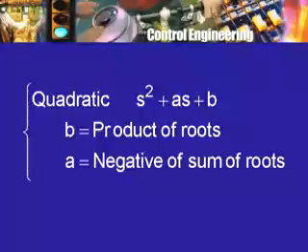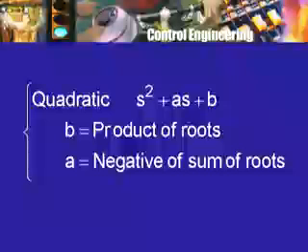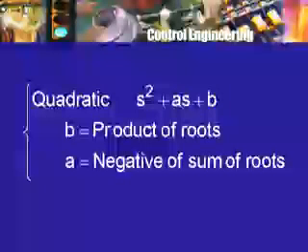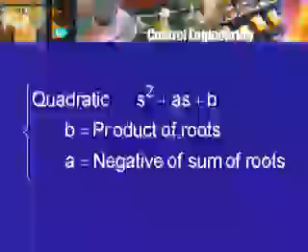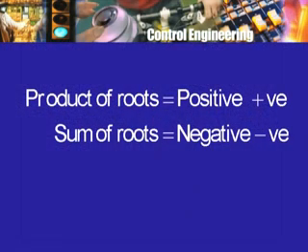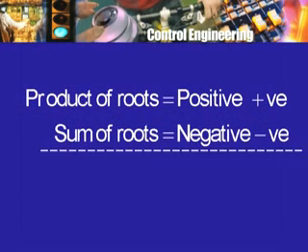The coefficient a is the negative sum of the roots. That is, you add the two roots and take its negative, that's equal to a, or the sum of the roots equals minus a. In this case, the coefficient of s is 1 by tau a plus 1 by tau m. So the sum of the roots will be minus of that sum, and therefore it will be negative. So the sum of the two roots will be negative.